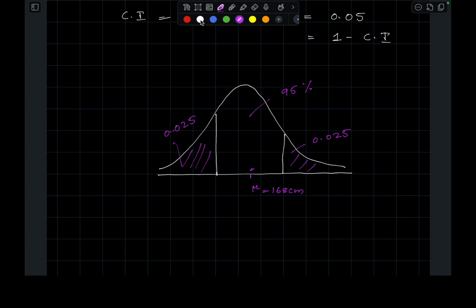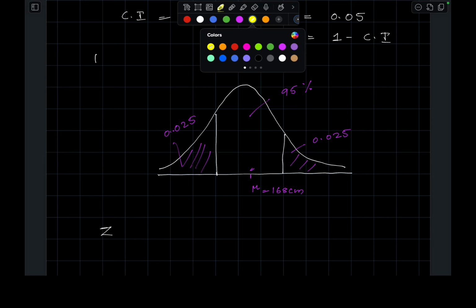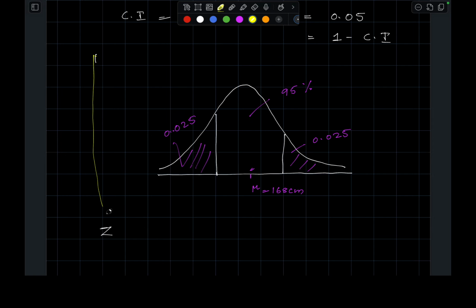So the Z score from the experiment which we designed, this particular graph here is the experiment which we designed according to our belief and according to the given parameters.